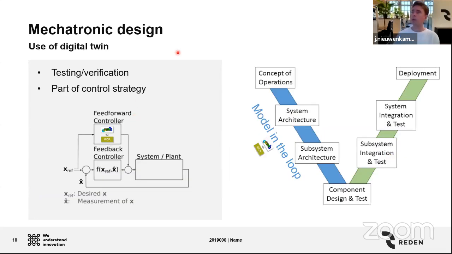Now, let me focus on the mechatronic design and the use of a digital twin within such a design. There are actually more opportunities in this mechatronic design. Let's first have a look at the figure to the right. What we see here is a typical V model.